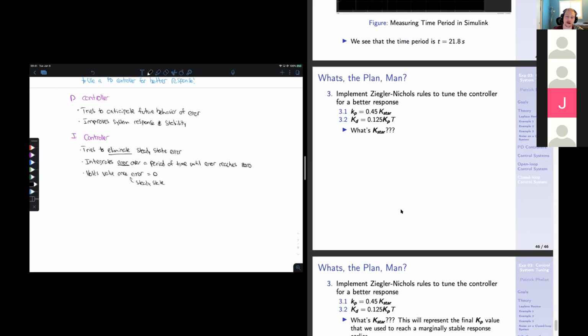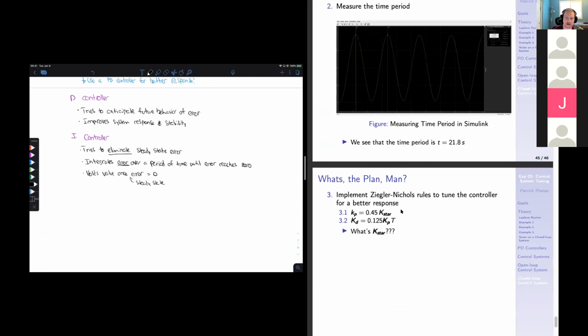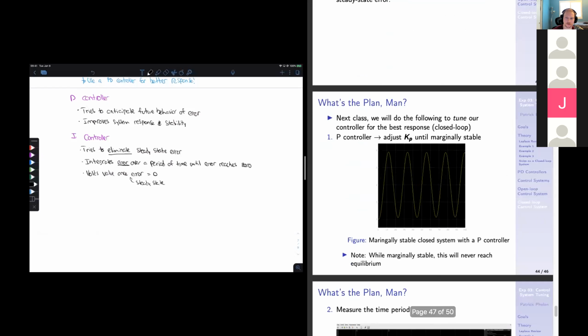So our proportional gain is going to be equal to 0.45 times K star, again, the ultimate gain. And then our derivative gain, KD, is going to be equal to 0.125 times KP times T, which is the period. So I kind of skipped ahead here, so we'll go back.